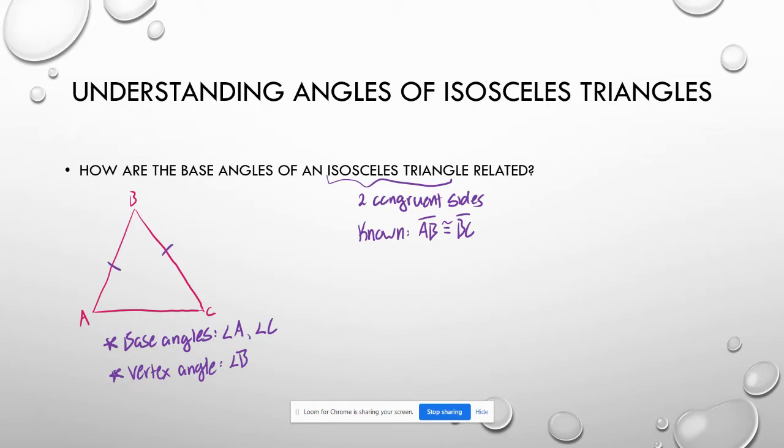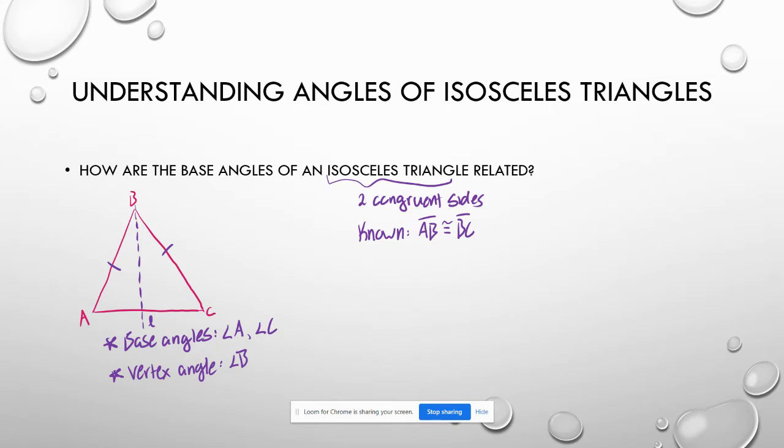So let's say that I draw a line of reflection right down the middle of the vertex angle. I'm going to call this line L. Let's say that we reflect this left side triangle over that line of reflection. We know that AB will lay right on top of BC because they are congruent.